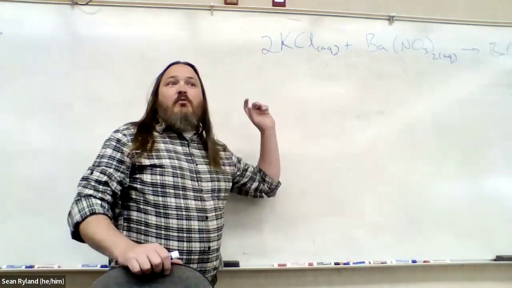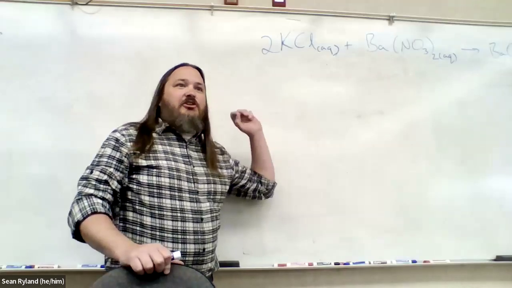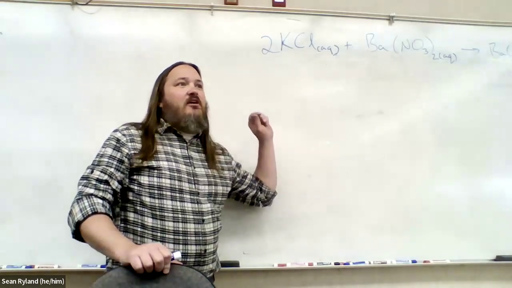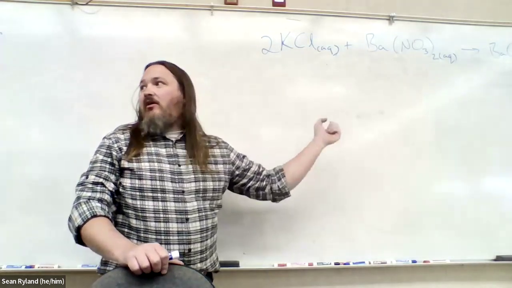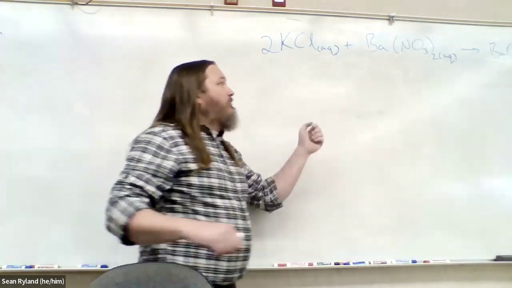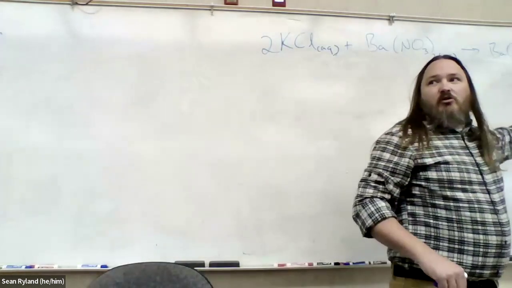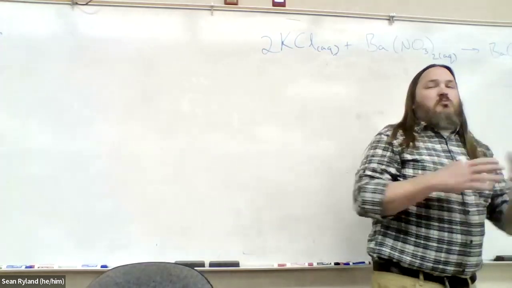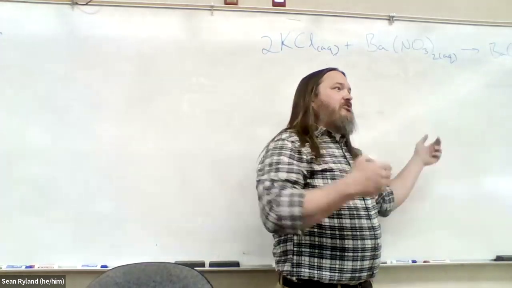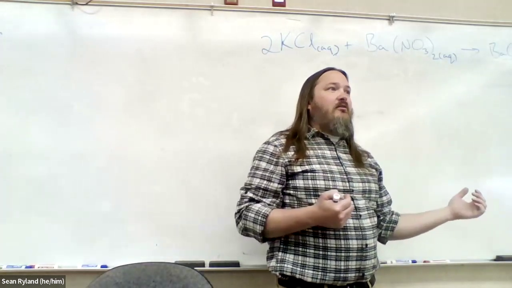So a tip when it comes to balancing reactions with polyatomic ions: unless your polyatomic ion is changing into something else, unless we had something else with nitrate over here or with nitrogen over here, we can just treat the nitrate like it's one object. We don't have to balance nitrogens and oxygens separately, right?